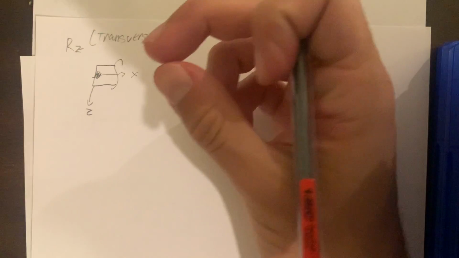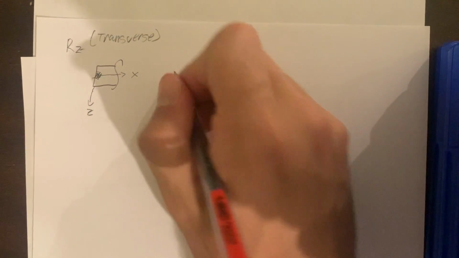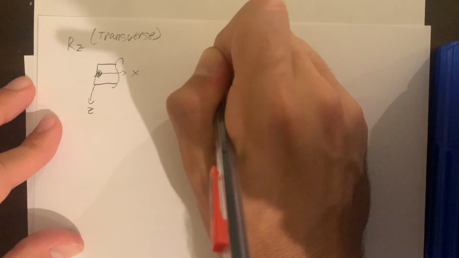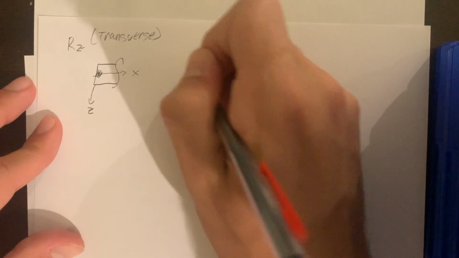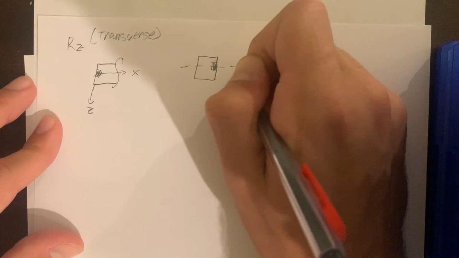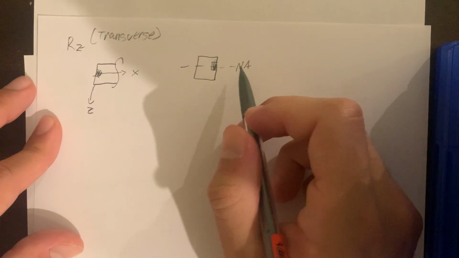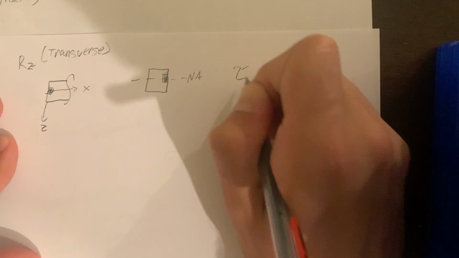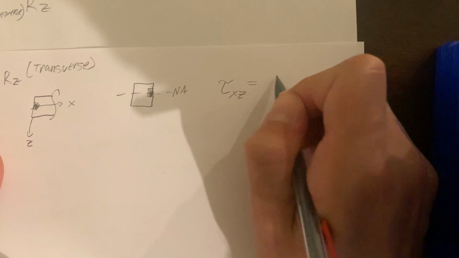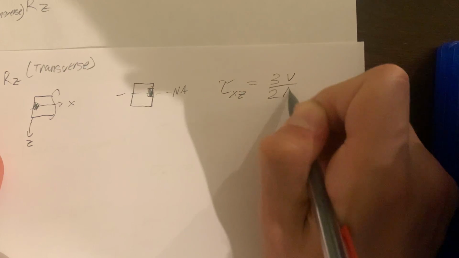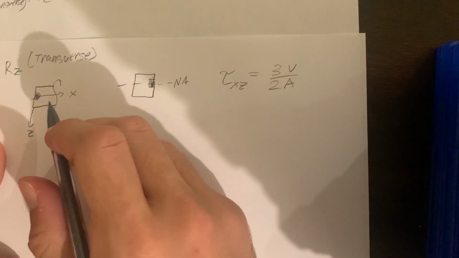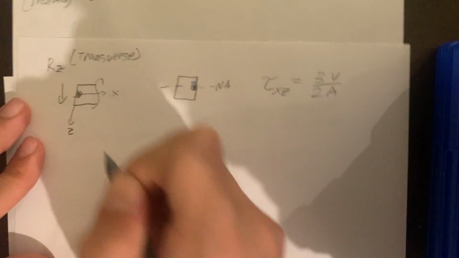And if we want to flip it around and look at the end view, we take this piece and flip it towards us, and we'll see this point over here now on the neutral axis. Then we can solve for tau of the XZ plane, equaling 3 times volume over 2 times the area. And this V is going to be the 500 newton force, since that's the one we have coming down over there.